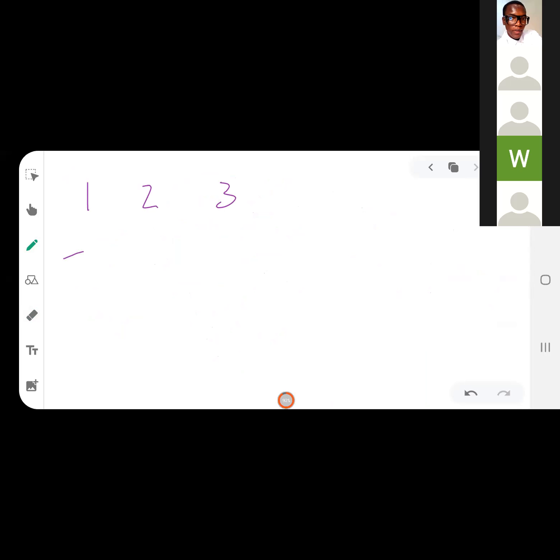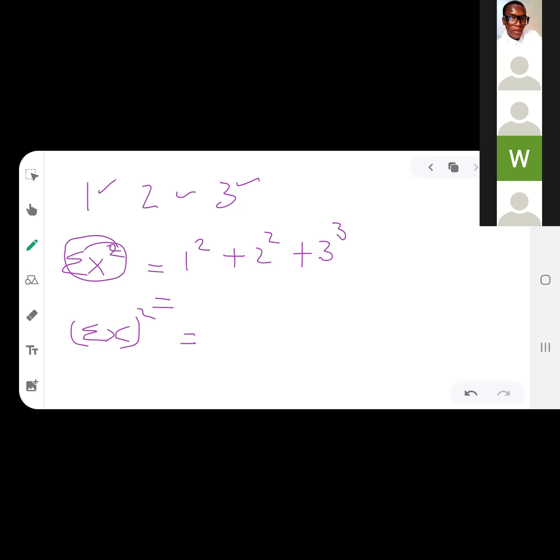The sum of X squared means you square each value of X and then sum them. But the sum of X all squared means that you add all these values of X, 1 plus 2 plus 3, and then you square the answer.